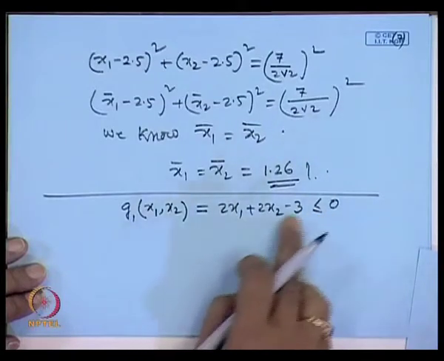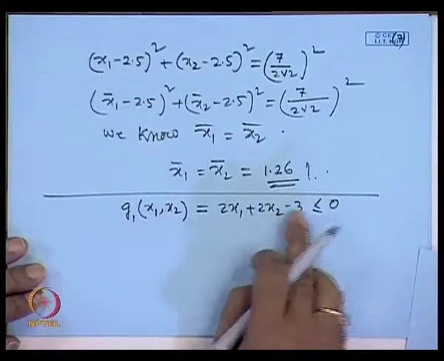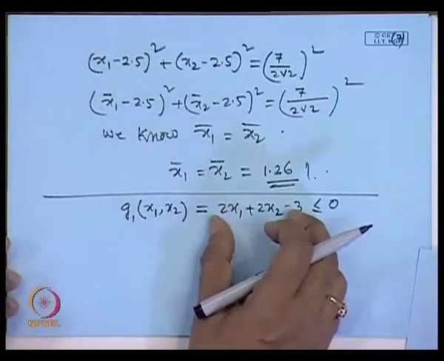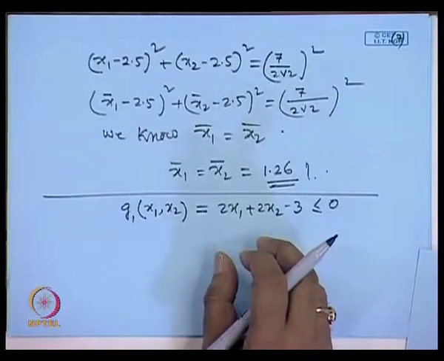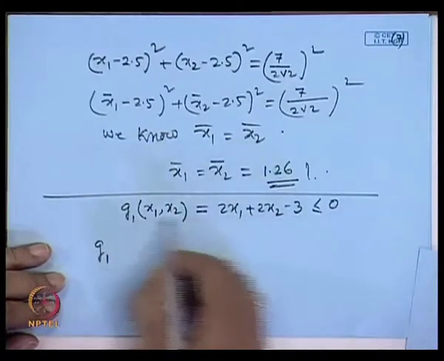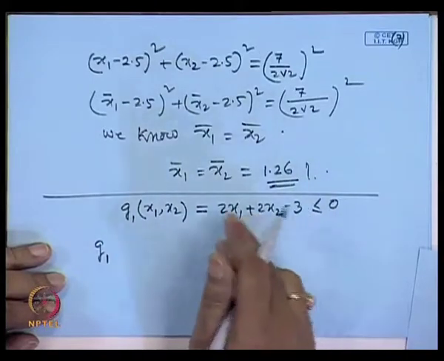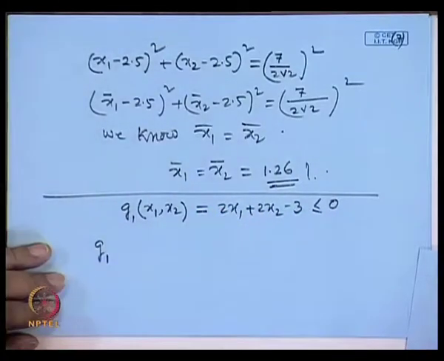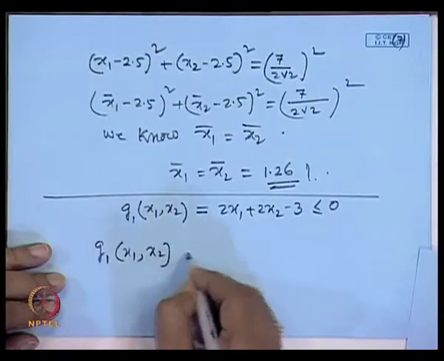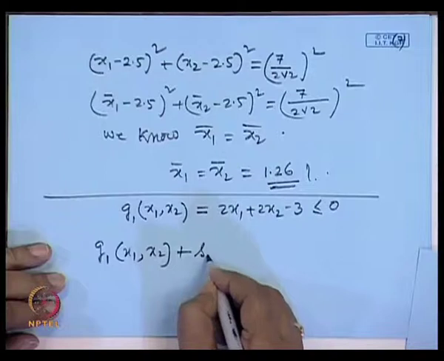But what does it mean? This quantity is less than 0. That means if I add some positive quantity to this one, then I can make it equal to 0. So, I am writing now that our inequality constraint is converted into an equality constraint. How?